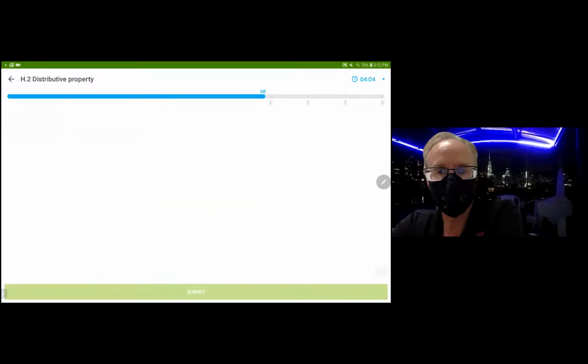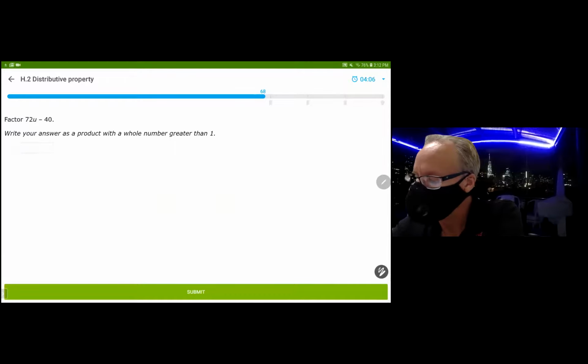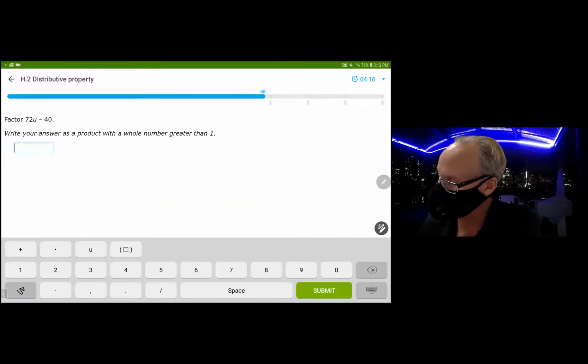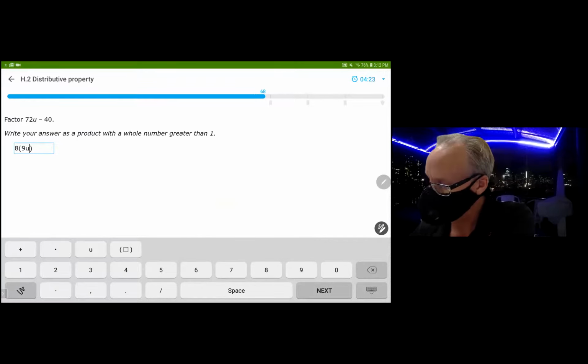And one more to proficiency, it looks like. We have a 72 and a 40. 4 definitely goes into 72. 8 goes into both of those. And so we're going to factor out the common factor, 8. And inside the parentheses, we're going to have 9u minus, need a space, 5.